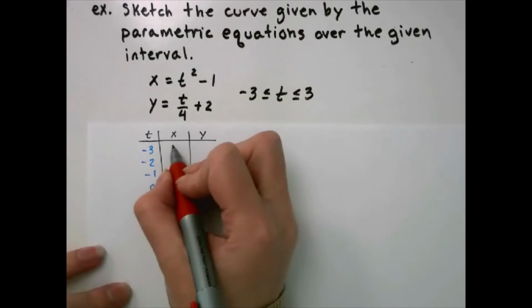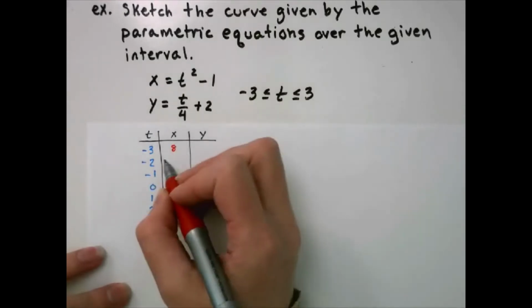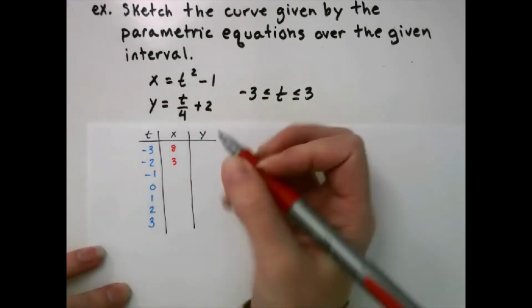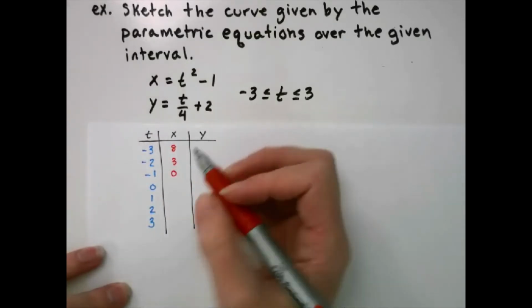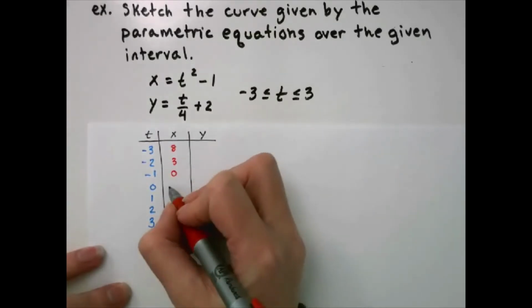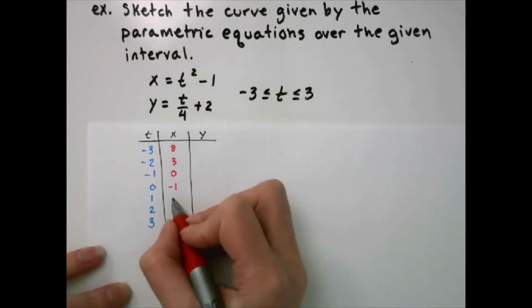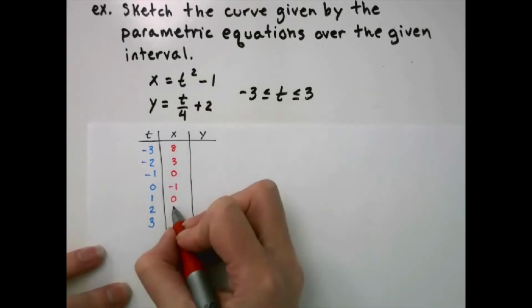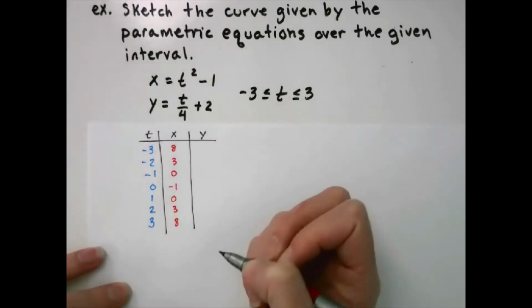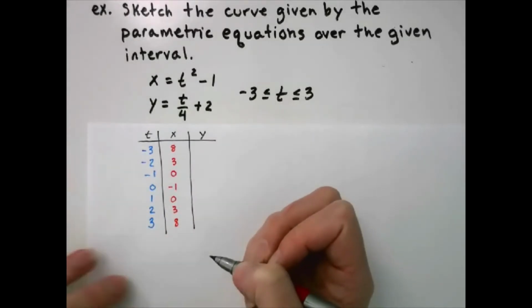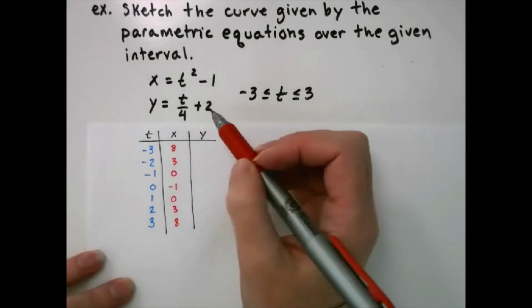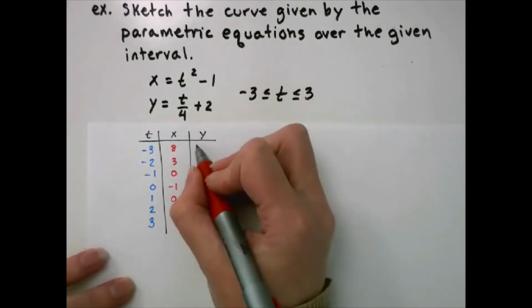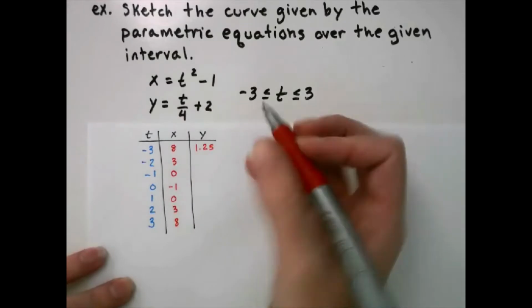So -3 squared minus 1 is 8. -2 squared minus 1 is 3. -1 squared minus 1 is 0. 0 minus 1 is -1. Back at 0, 3, and 8. For the y values, if we plug these in, you're going to have -3/4 plus 2 is 1.25.